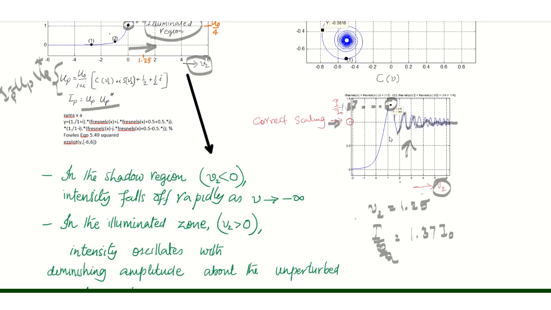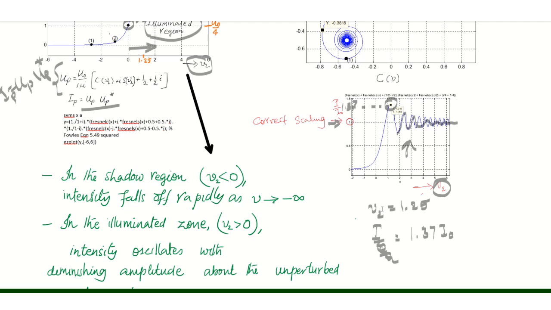Which means it's only near the knife edge, or near the geometric shadow, that we will be able to see the intensity oscillations.